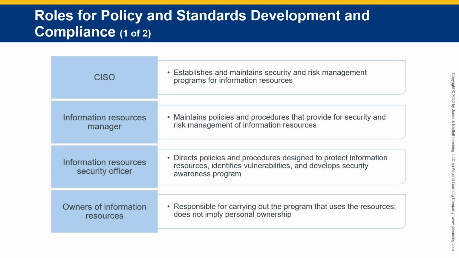Information Resources Security Officer directs policies and procedures designed to protect information resources, identifies vulnerabilities, and develops security awareness program. Owners of information resources. The responsibility for carrying out the program that uses the resources does not imply personal ownership.